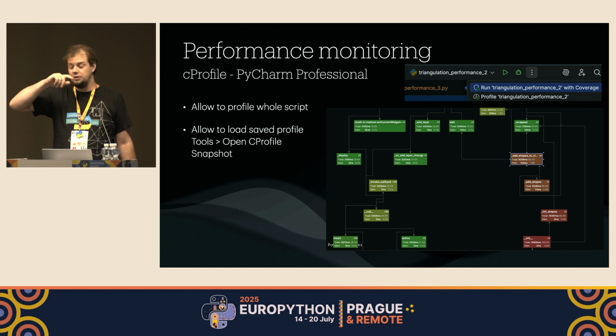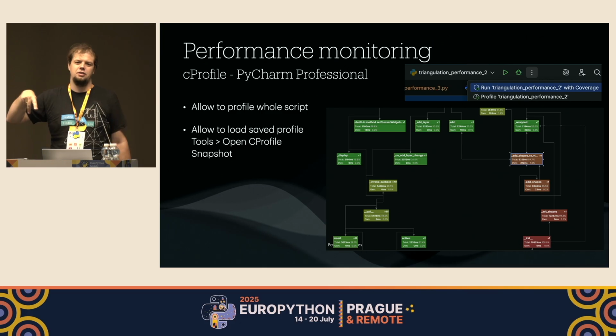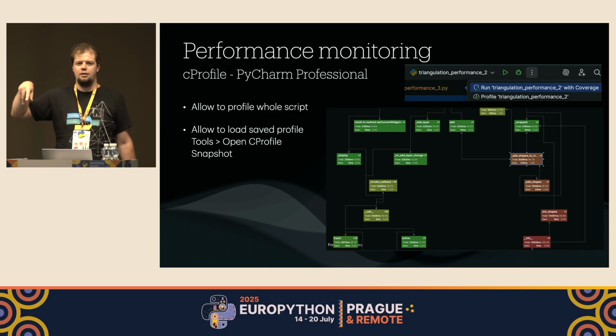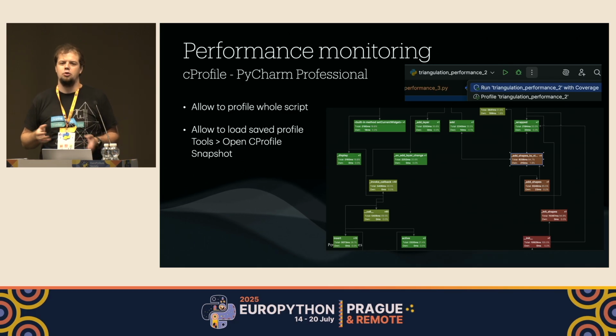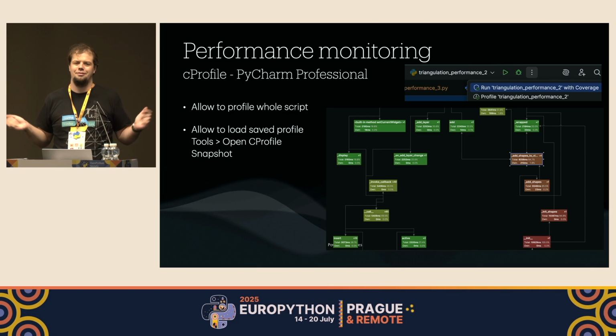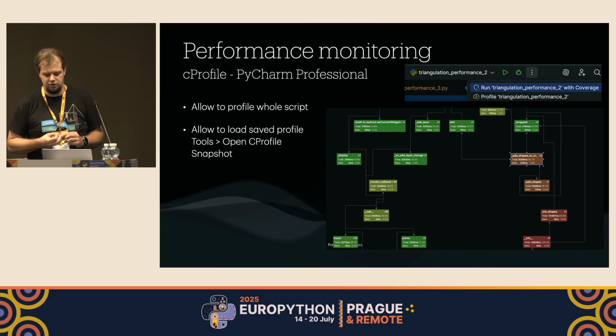Because in some tutorials and with current LLMs, it often suggests the extension .prof, and then PyCharm shows a dialog with an error with loading the profile. Remember that pstat is the extension that you need.